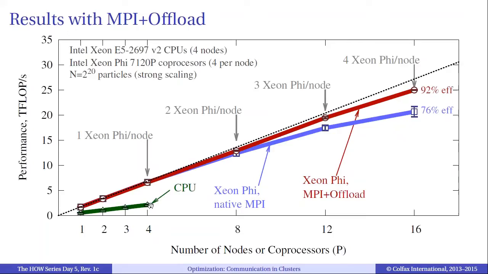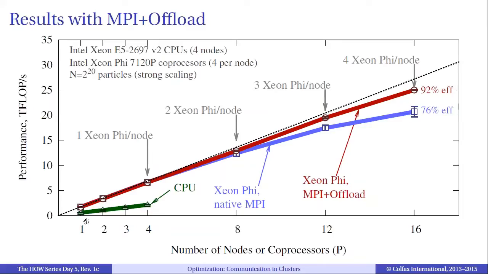But I also have Xeon Phi coprocessors in the system, and their performance outshadows the performance of CPUs so much that I can just run my entire code on Xeon Phi and forget about CPUs. First, I tried the easy way. Just use MPI, and this blue line shows what I got.